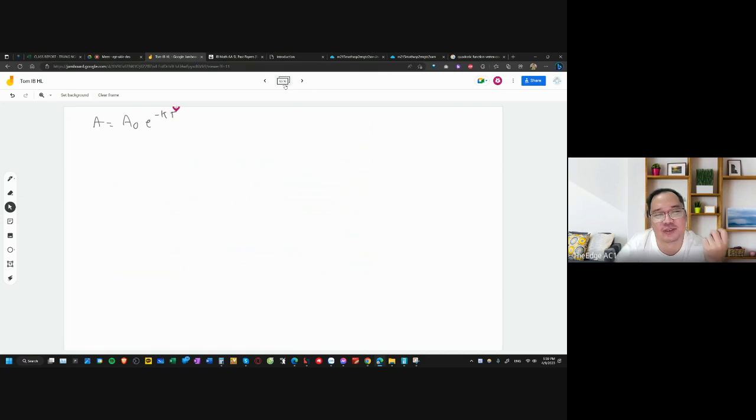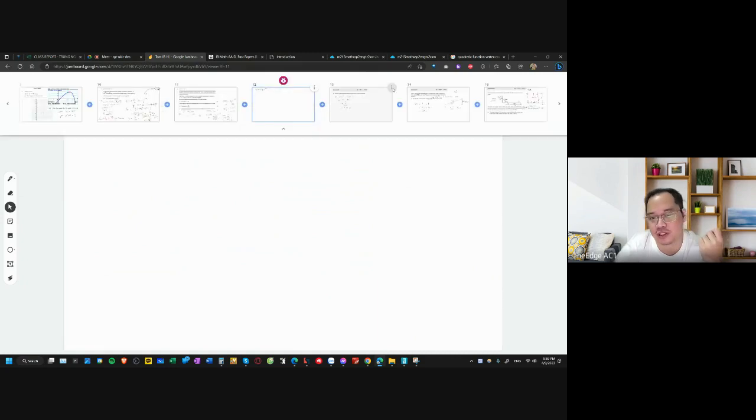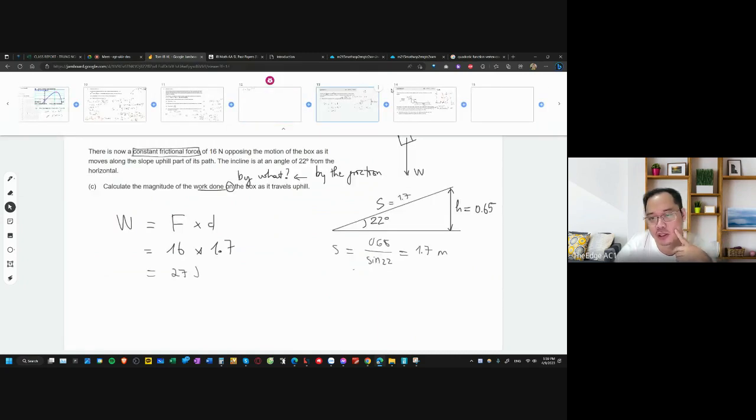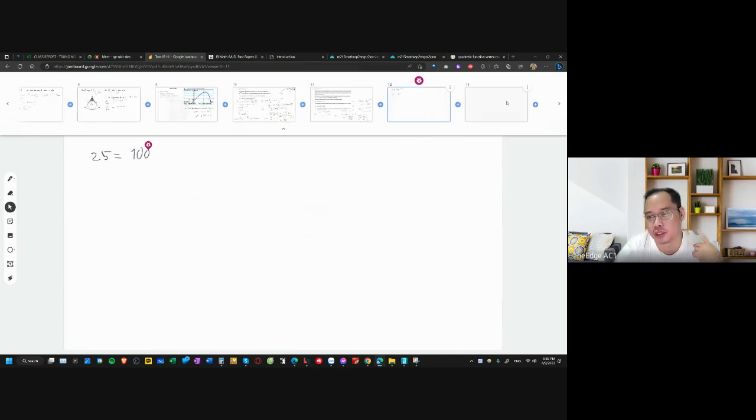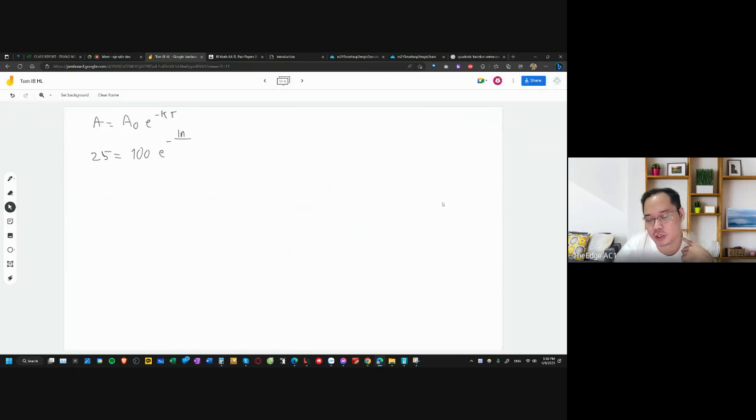It will be 2 times the half-life. This is a much more complicated way to solve compared to physics. In physics, we just say it takes 2 half-lives for the substance to decay so that the remaining amount is 25%, because after 1 half-life, the amount of remaining material is half of the initial amount.